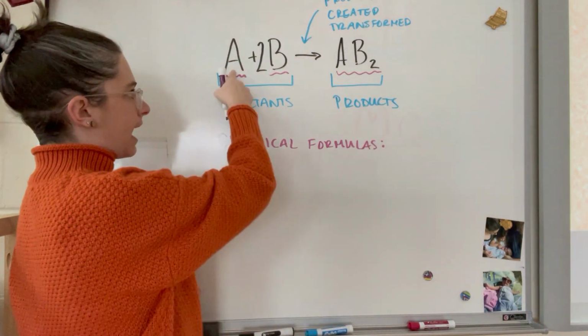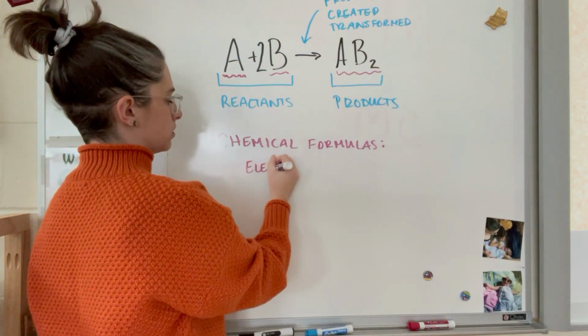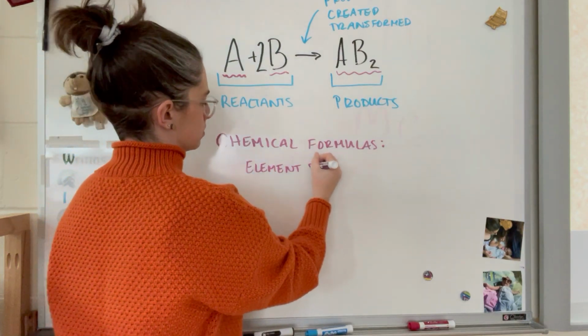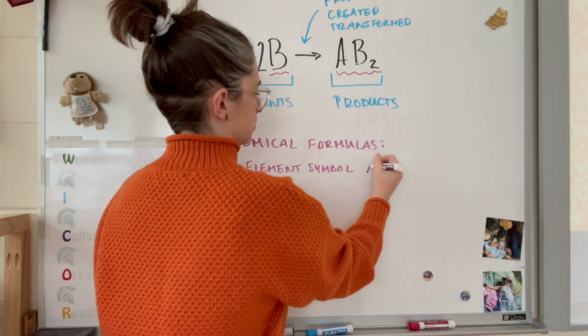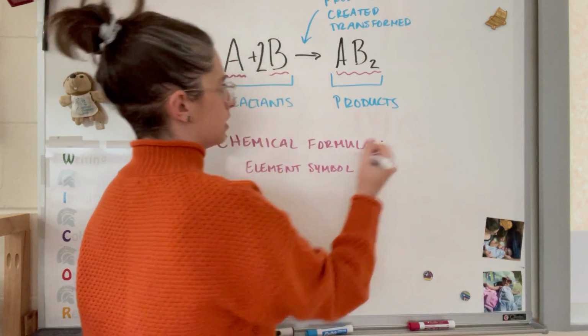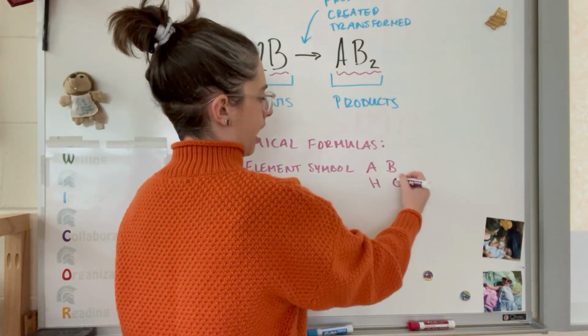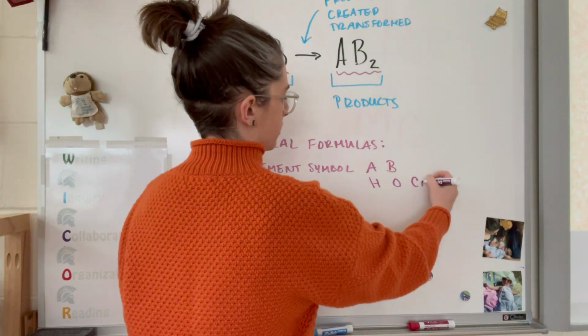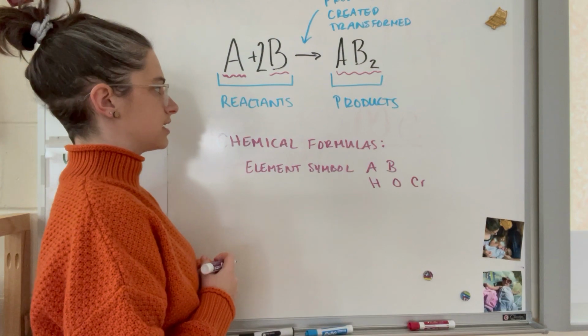It has the element symbol, so those would be A, B. If we wanted to include actual elements, it would be things like hydrogen, oxygen. We could have chromium, Cr, so any of our element symbols that we would find on our periodic table.